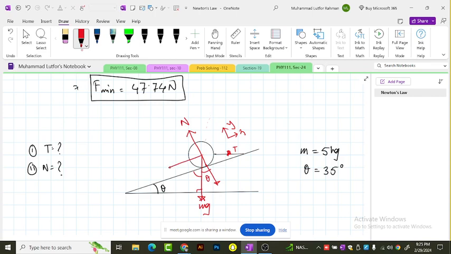This would be one component, mg cos theta, and this, because this angle is 90 degrees minus theta, should be mg cos of 90 degrees minus theta, which automatically gives me mg sin theta. Am I right? Do you understand this free body diagram? Yes, sir. Come on guys, try to understand. Step by step we are moving to a more complex system. If you do not understand this free body diagram, then it will be difficult for you to solve the problem.